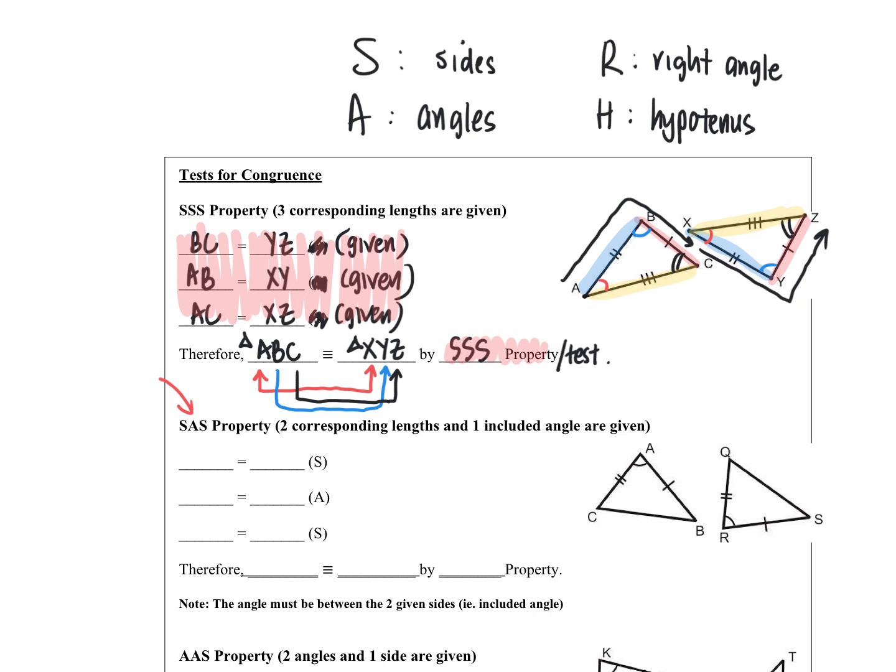So let's try to write it out. First side that is the same, AB and RS, correct. So AB, RS, we write given. Okay, next one we want to write is the angle. So if you go this direction, CAB, then you need to go this direction, QRS. This is also given. Okay, the last side, AC match with RQ.